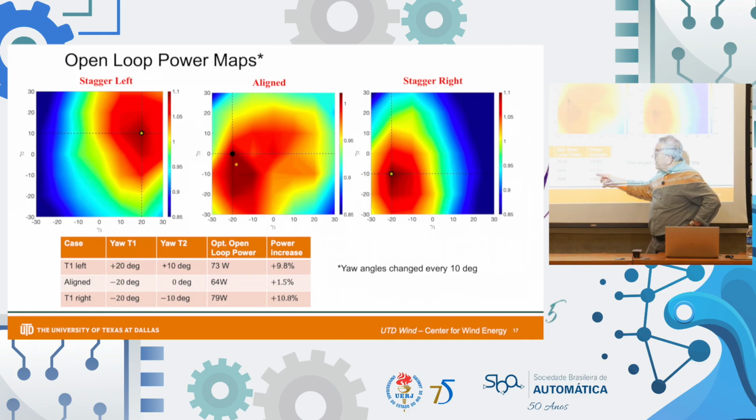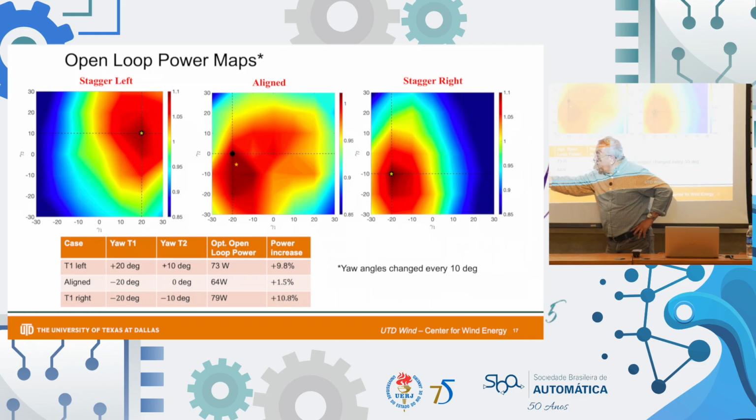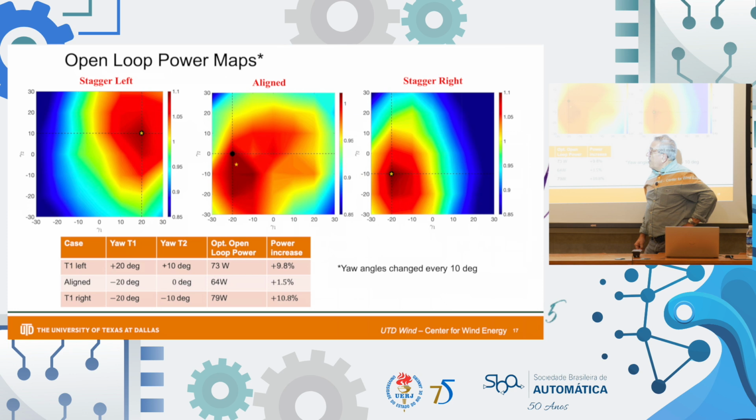In the aligned case, if we yaw the first one by minus 20 and don't do anything to the second one, that's the 0 here, and this is for the open loop map, then the gain is 1.5, but the gain with extremum seeking is higher.